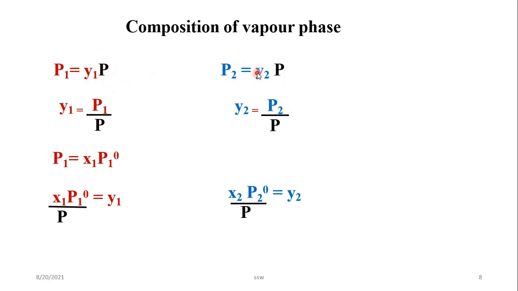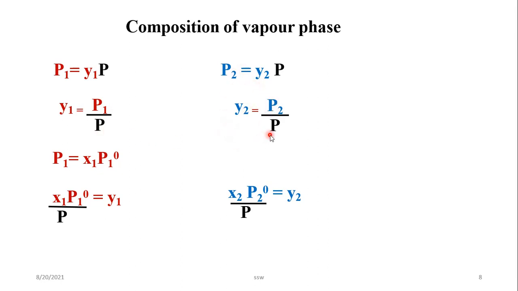Like that, P2 is equal to Y2 into P, where Y2 means the mole fraction of the second component A2 in the vapor phase. So here Y1 is equal to काय येईल? P1 divided by P, and Y2 is equal to काय येईल? P2 divided by P.